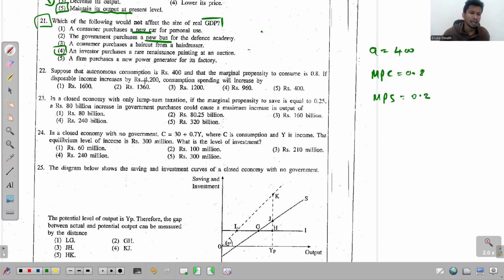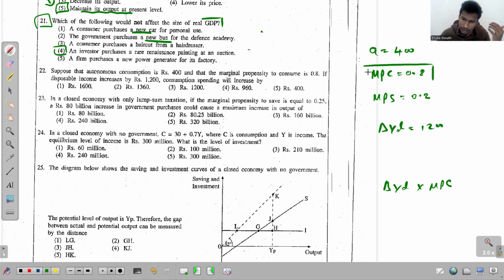If disposable income increases by rupees 1200, if delta YD is 1200, consumer spending will increase by, okay, this is very simple. To find the consumer spending, you just need to multiply whatever change happens in the disposable income by the marginal propensity to consume.